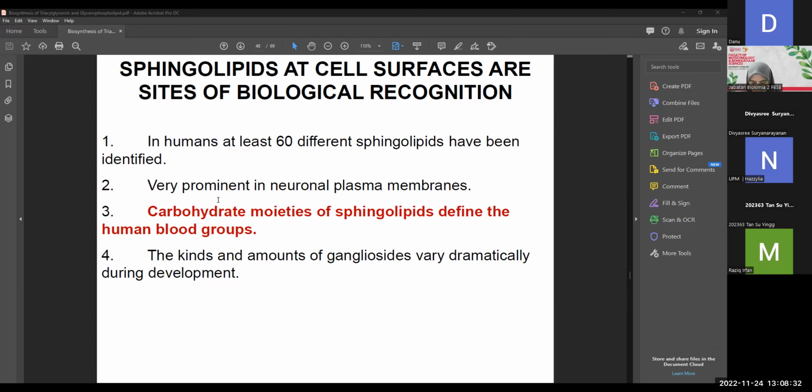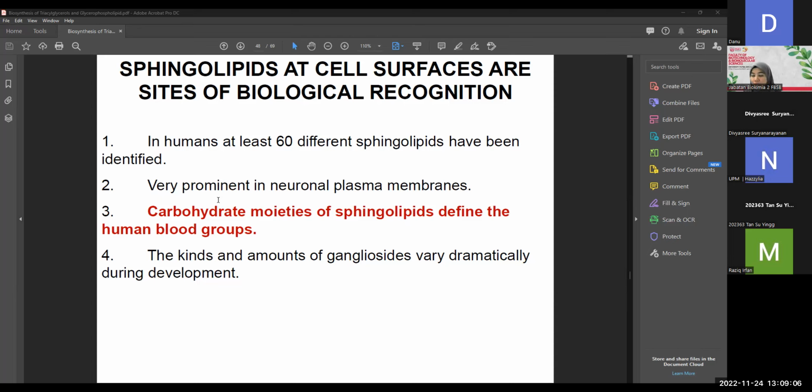If I'm not mistaken, if they can detect galactose, it tells us that you have the B antigen, so maybe blood group B. I can remember that. So maybe you want to read more on how the sphingolipids can determine the human blood groups.